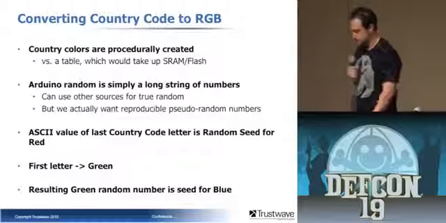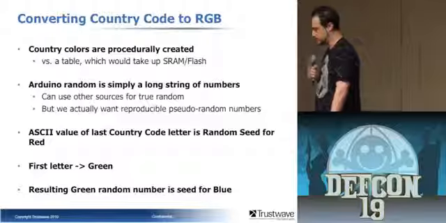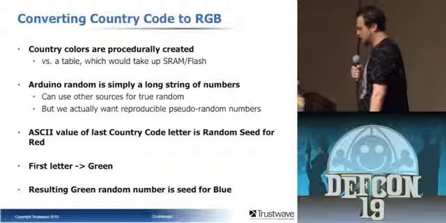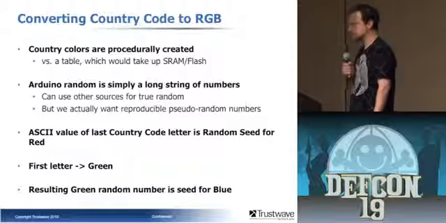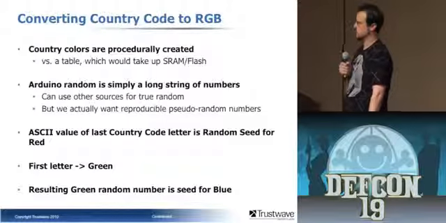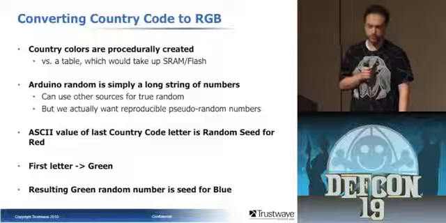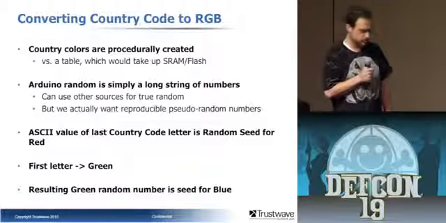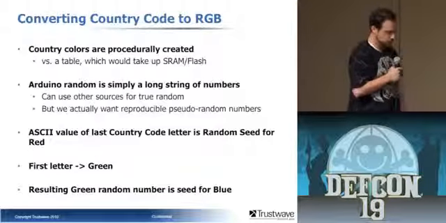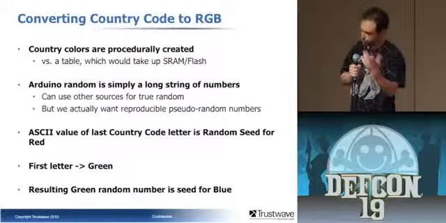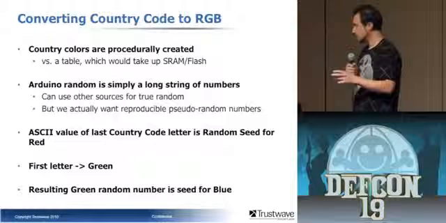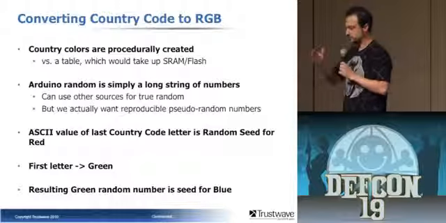This is something I did. This was my contribution, where I had this problem: I only have 32K of flash and 2K of RAM. I didn't want to store a big static table in memory to convert country codes to RGB values, and you'll see why this is important in a minute. There are 2 views I'm going to show you. One view shows all the connections that are on.